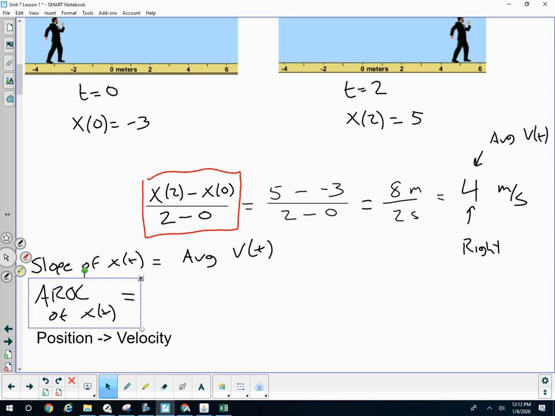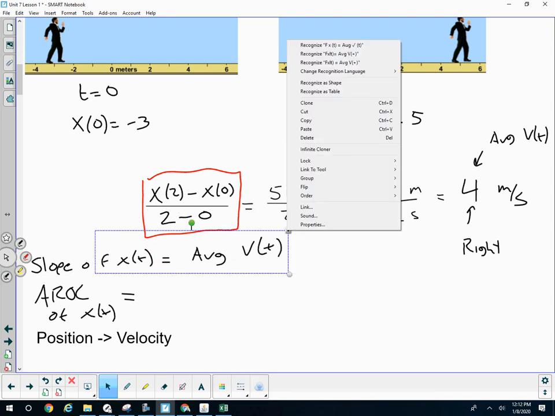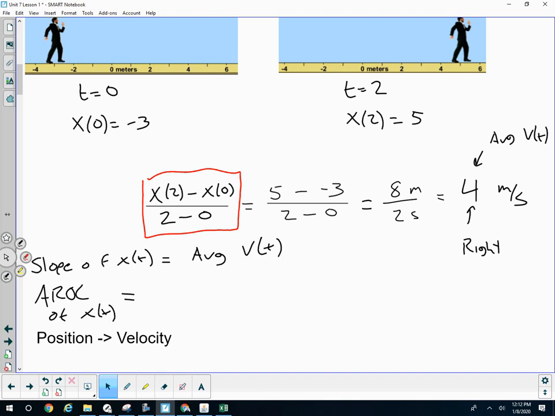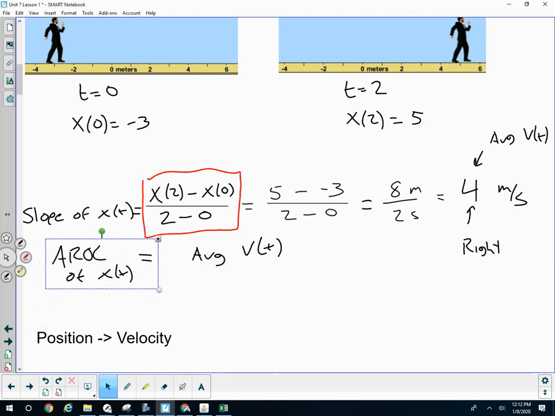Slope of x. Sorry. Slope of x gives me average v. Frustrating. There we go. Slope is the same as the average rate of change of x, gives me an average v.